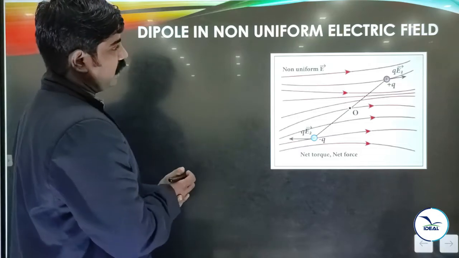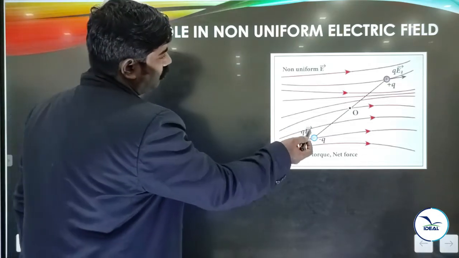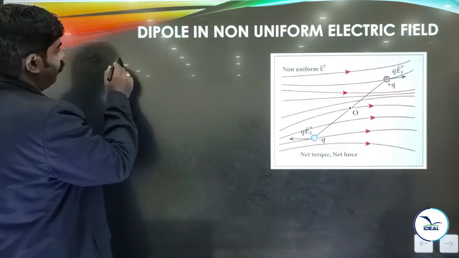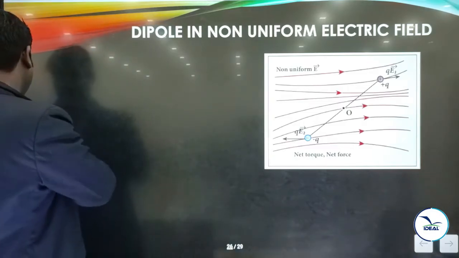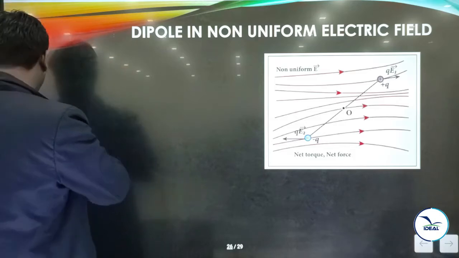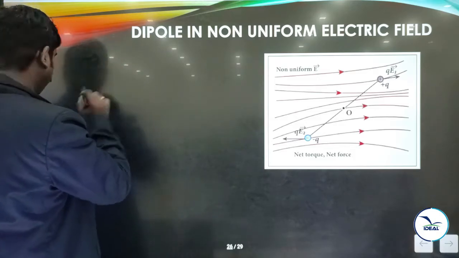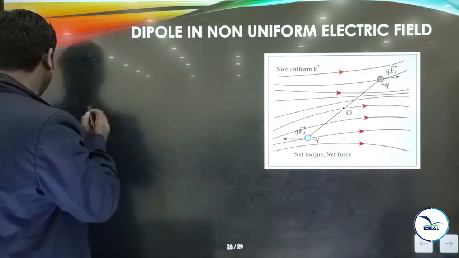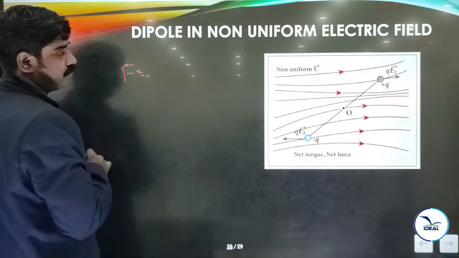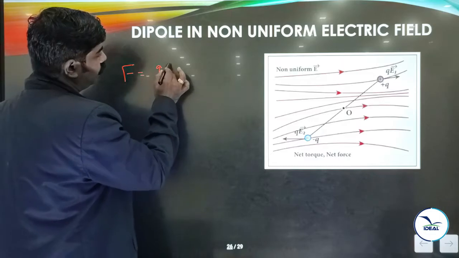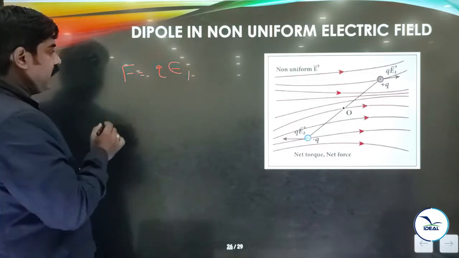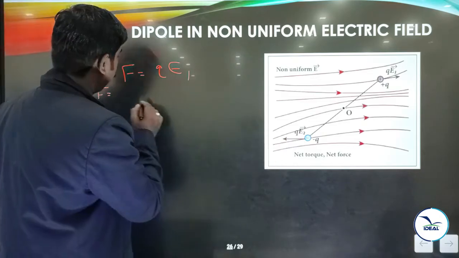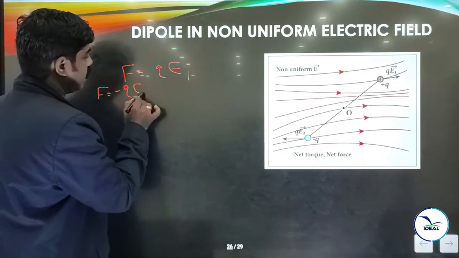And for that, we can consider the force for these 2 points. That is, for the positive charge, we represent force F is equal to Q into E1, and that of negative charge, it is F is equal to minus Q E2.